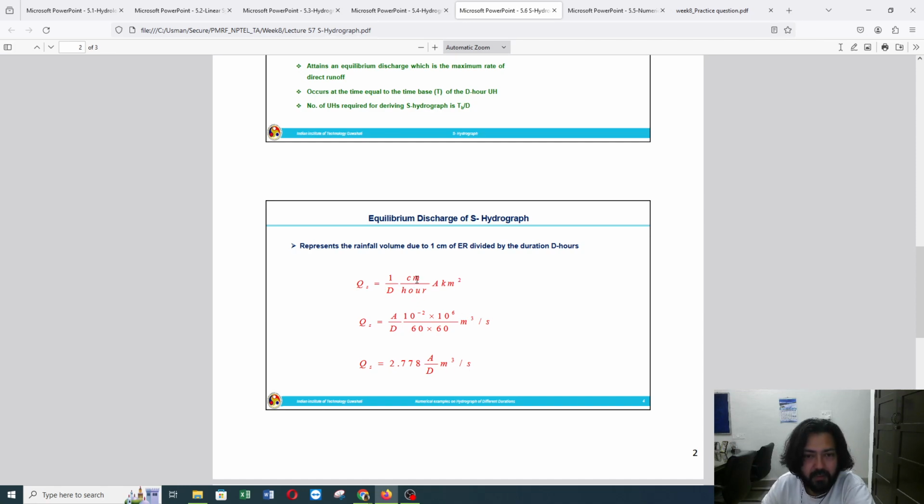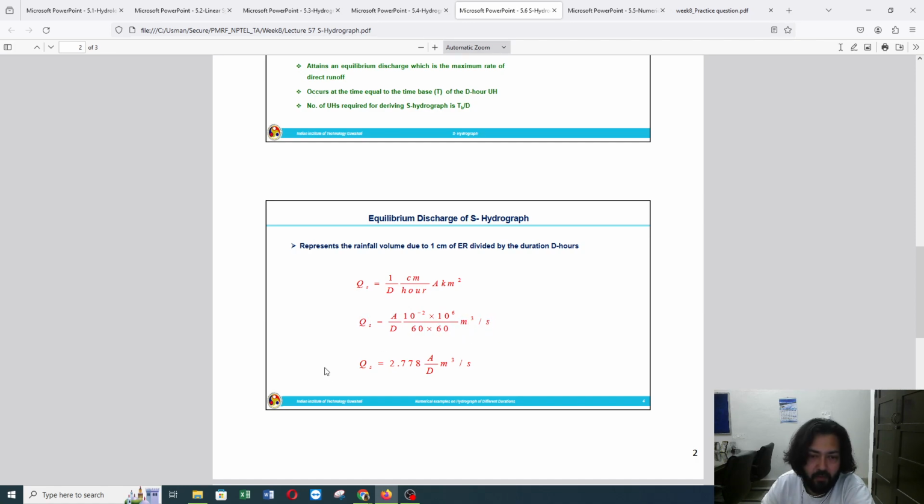So we convert centimeter into meter, that is 10 to the power of minus 2. The area in kilometer square we convert into meter square by 10 to the power 6. So the numerator is now in meter cube. And hours we convert into seconds, that is 60 by 60.